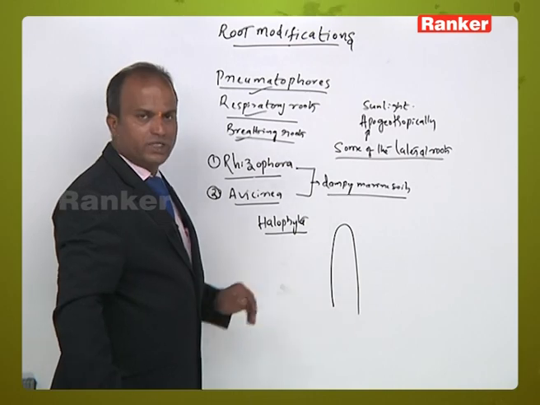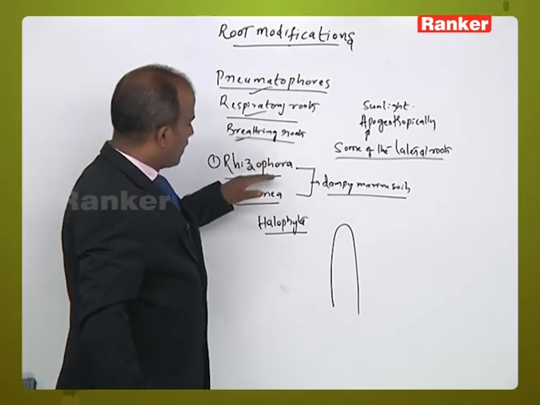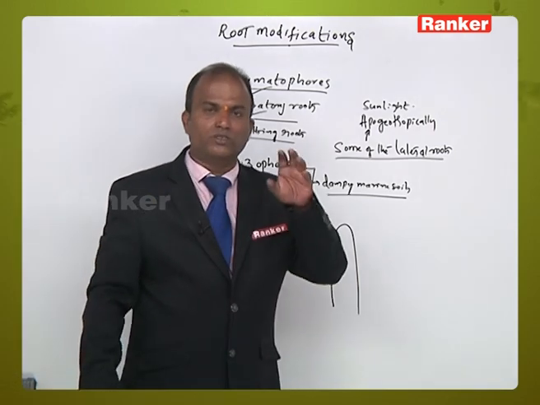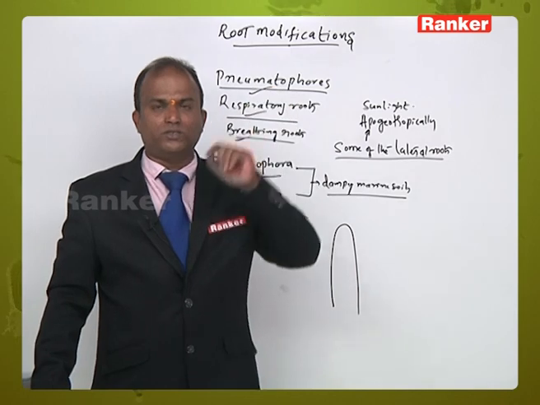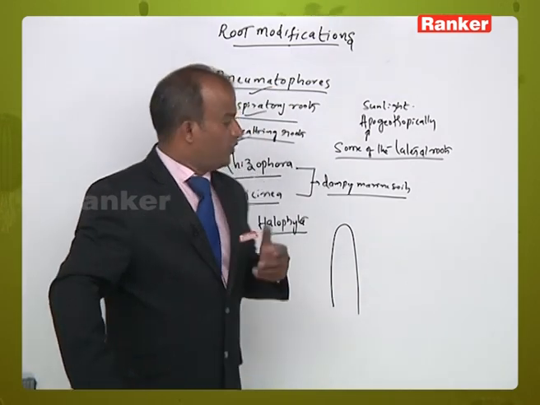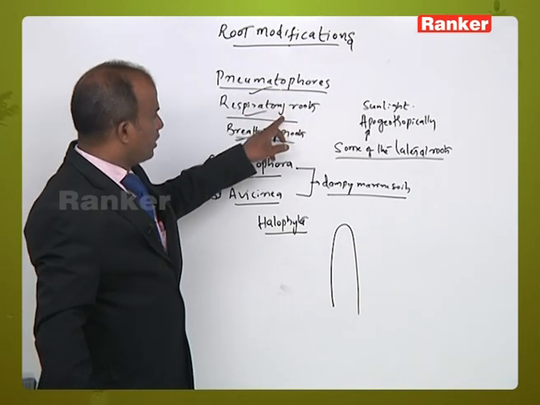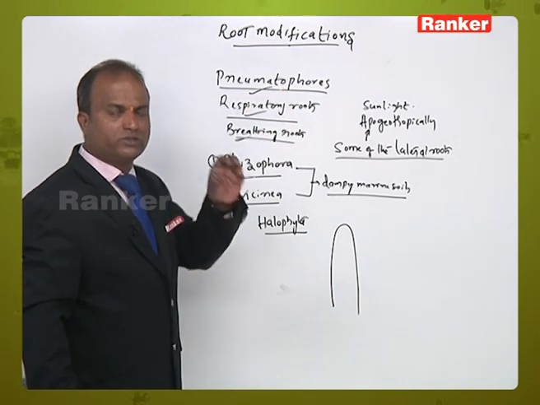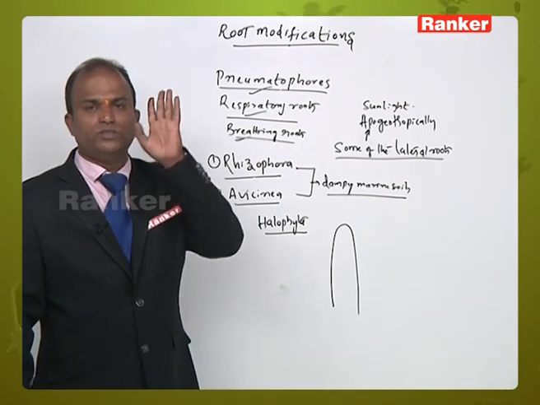For example, in Rhizophora and Avicennia, the root also grows positively geotropic, and the nematophores, or respiratory roots, or breathing roots, grow positively phototropic and negatively geotropic.